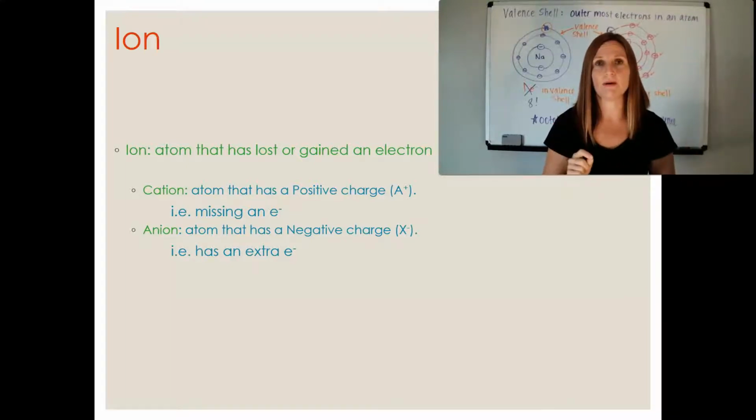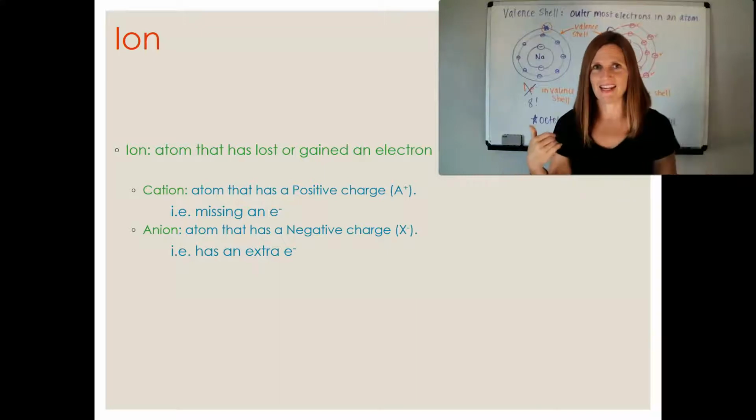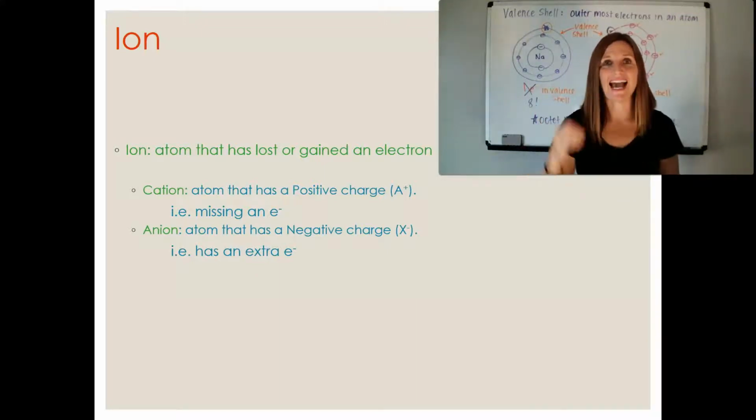It's an important moment right now to remember that electrons are negative. So if you lose an electron, you're losing negative, you're becoming positive. Are you with me? If you gain an electron, you're gaining negative, you're becoming negative. Yes? Great. Okay, so we get cations and anions.